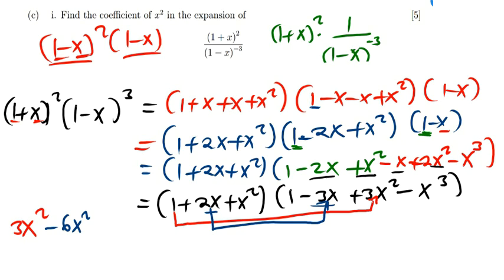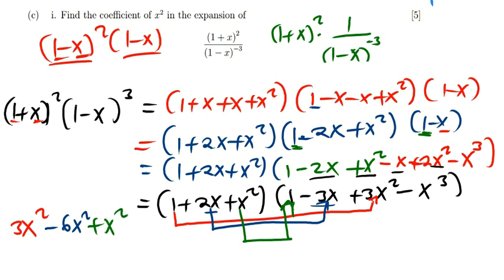If I do this times that one, it's going to give me x to the power 3, we're not interested in that. This one times that will just give me 2x, we're not interested in that. But if I do this negative x times negative x, I'm going to end up having plus x squared.